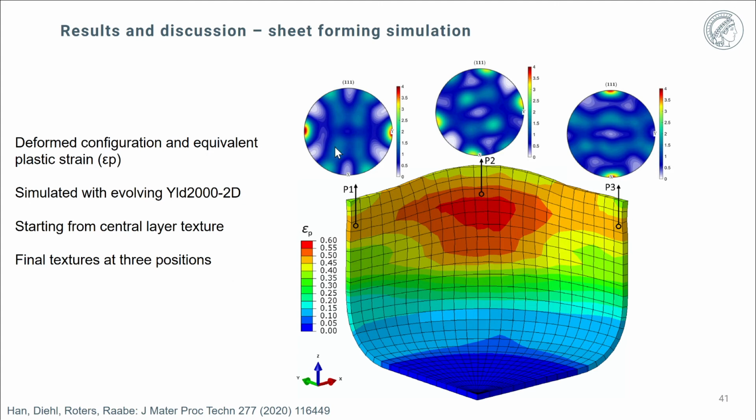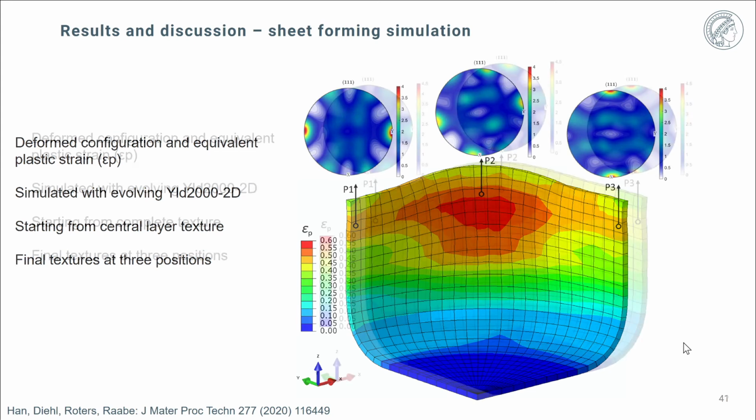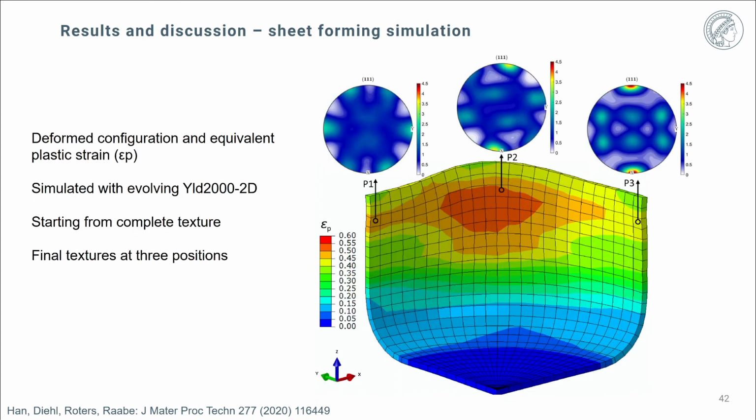And here are also the final textures shown at three different important positions in the material after the cup drawing simulation. Now this is the same type of diagram, but now we did the simulation by again considering the complete crystallographic texture through all the main layers. That means mainly the surface and the center sheet layer.